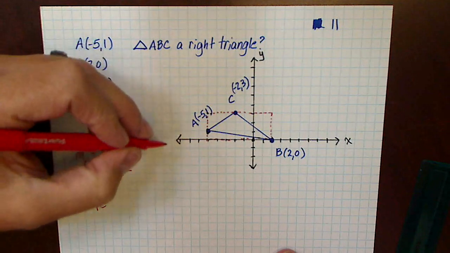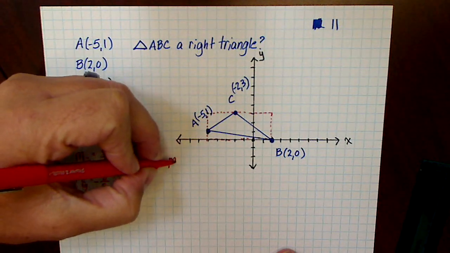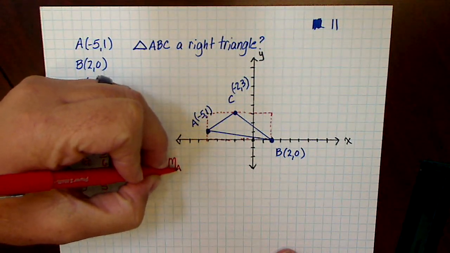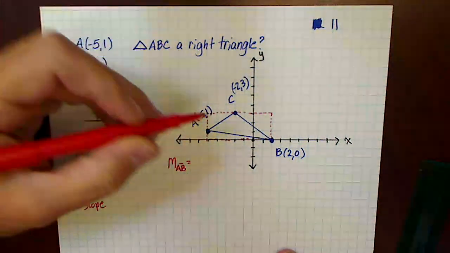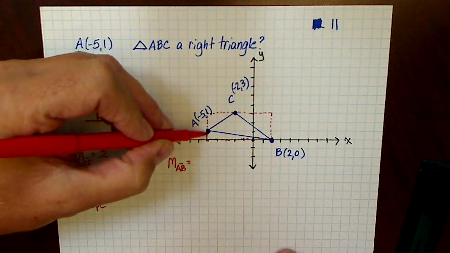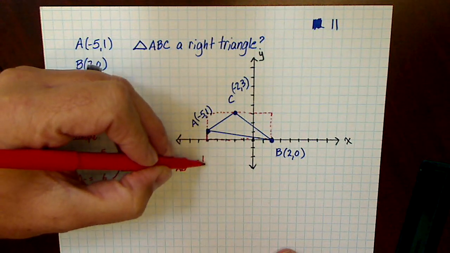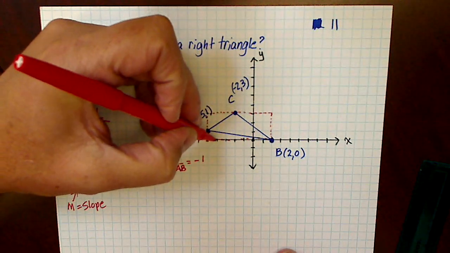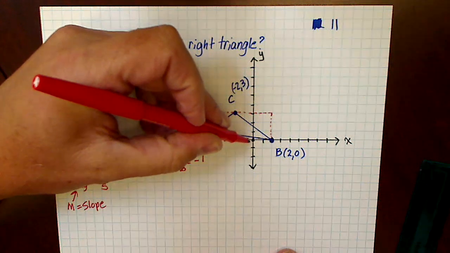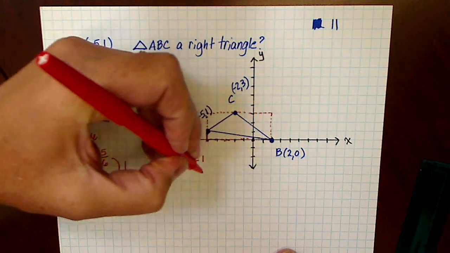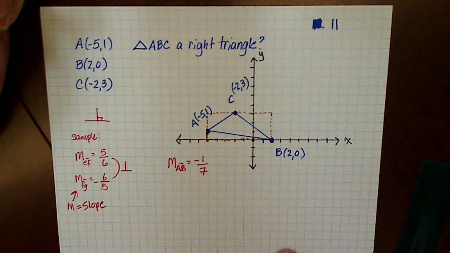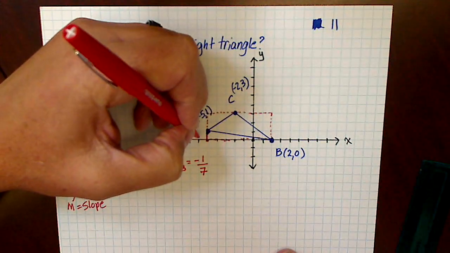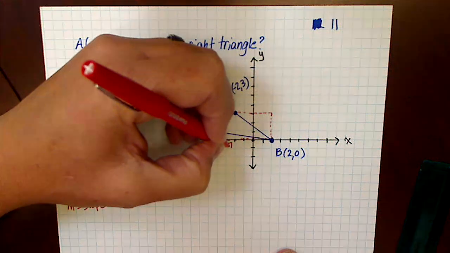Let's start with the slope from A to B. The slope here is a -1 rise, and if I count 1, 2, 3, 4, 5, 6, 7, -1 over +7 for the slope of A to B. Slope triangle, -1, +7.